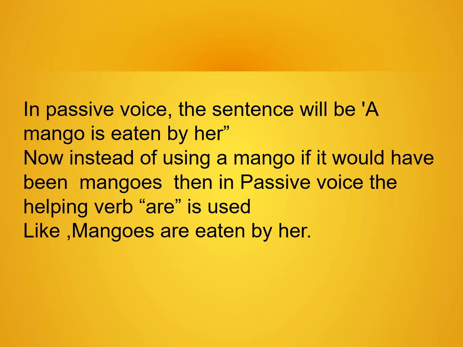Just consider that if instead of using the object in singular form, we use the object in plural form, that is mangoes are eaten by her. What we are doing here is we are using the helping verb are instead of is, because the object becomes plural over here.